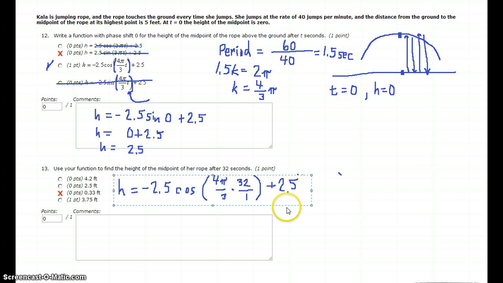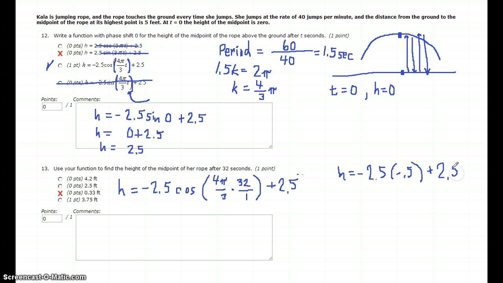Okay, so if we get negative 0.5, that means h is equal to negative 2.5 times negative 0.5 plus 2.5. And a negative times a negative gives you a positive.